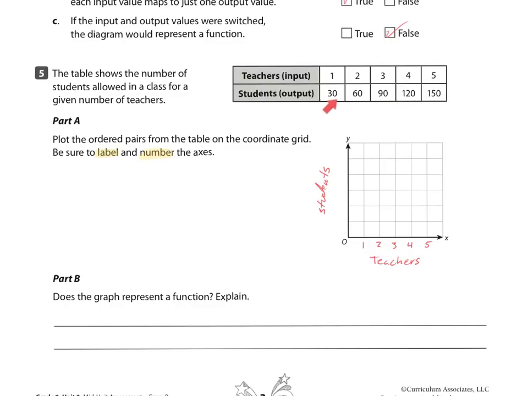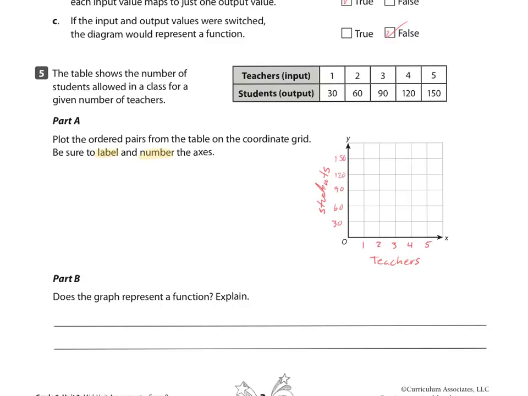As you can see, they're increasing by 30s. Now, it wouldn't make sense to start with 1, 2, 3, 4, 5, all the way to 150. So we're actually going to go by 30s. So we're going to start with 30, 60, 90, 120, 150.